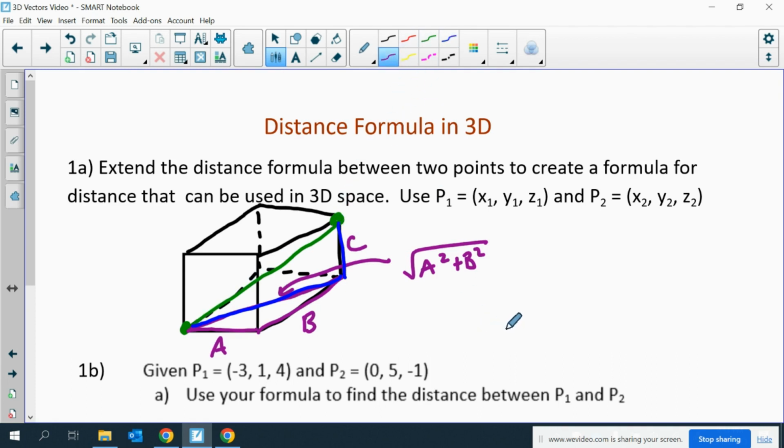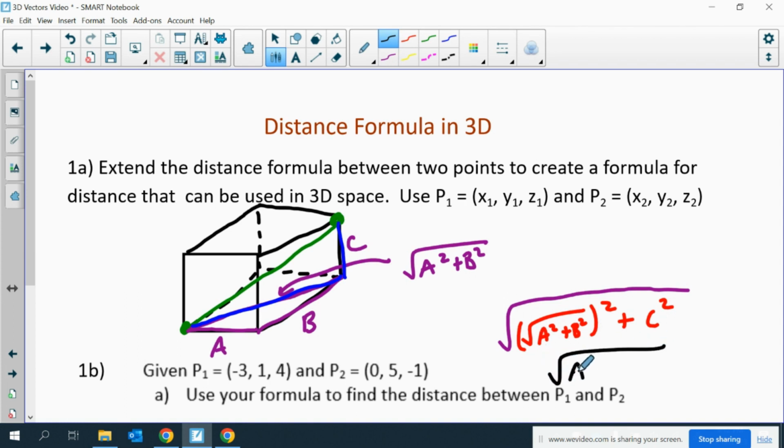So that would be the square root of the square root of a squared plus b squared, squared, plus c squared. Notice that it's just this squared plus this squared and then take the square root. Well, if I square the square root, I end up with the square root of a squared plus b squared plus c squared.